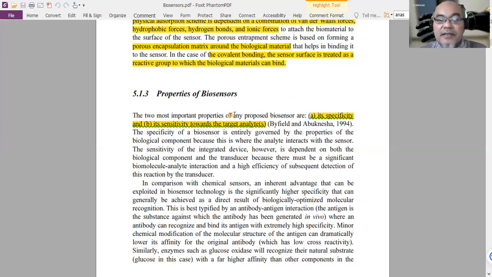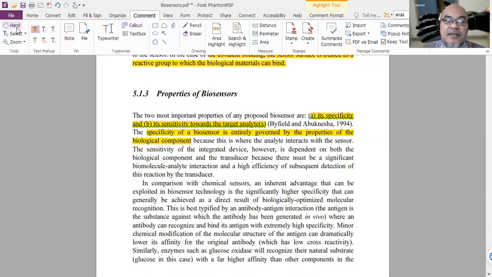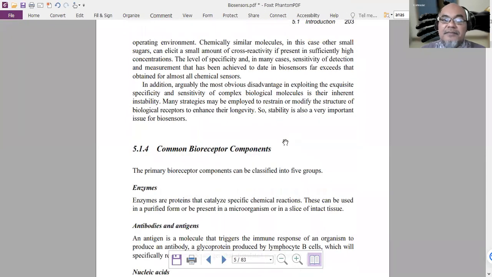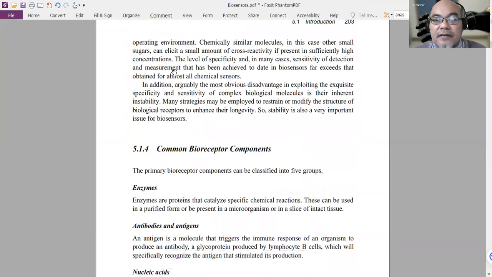Okay? The specificity of a biosensor is entirely governed by the properties of the biological component, where the analyte is interacting with the sensor. Therefore, an enzyme will only recognize its substrate. An antibody also will only recognize its antigen.